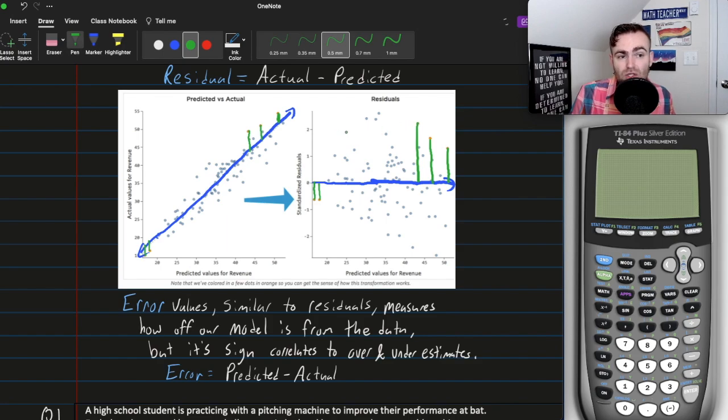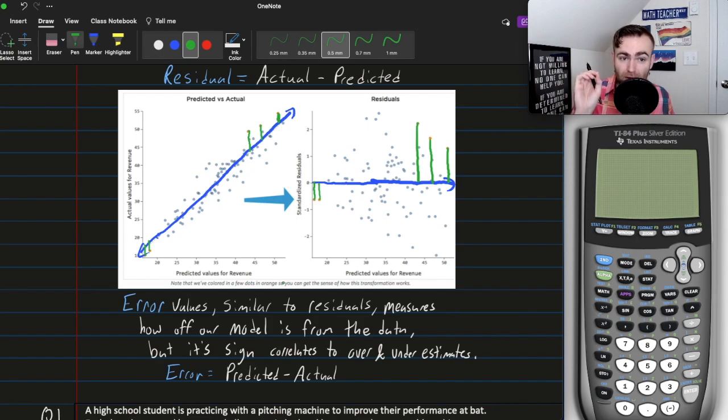So if this is positive 2 for a residual, it's going to be negative 2 for error. Error and residuals are kind of the same thing, but error's sign correlates to over and under estimates. So if an error is positive, it's an overestimate. If an error is negative, it's an underestimate, which means residuals have the exact opposite.